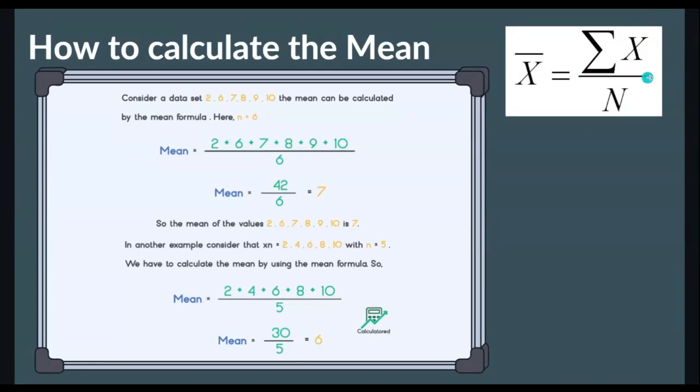Okay, and then divide by N. So N, sometimes it's a little n, it doesn't make a difference, okay? Most of the time it is a little n. That means the number of values in your data set. Okay, so in this example on the board here, n equals 6 because there are 1, 2, 3, 4, 5, 6 numbers, okay?